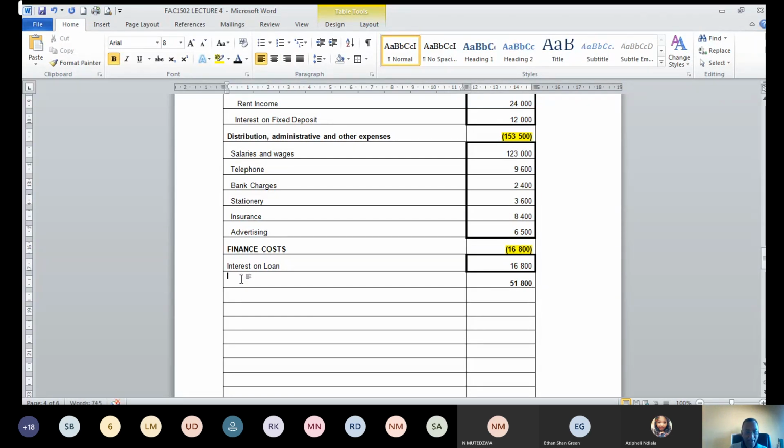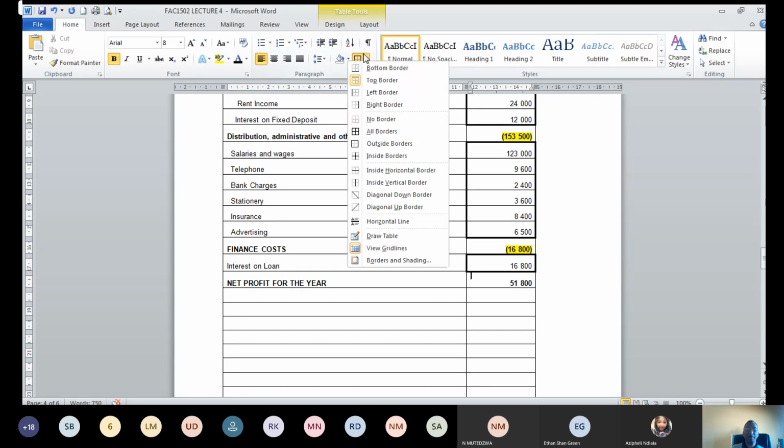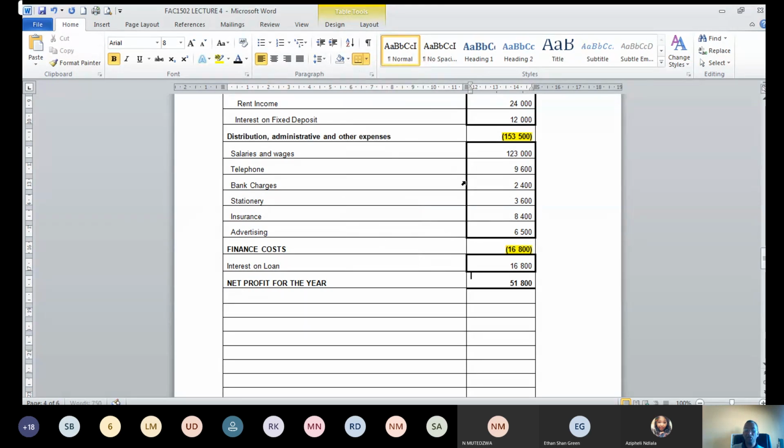Because it is a positive amount, I will label that as the net profit for the year. Net profit for the year, that is my solution there, and my net profit for the year amounted then to 51,800 Rand.